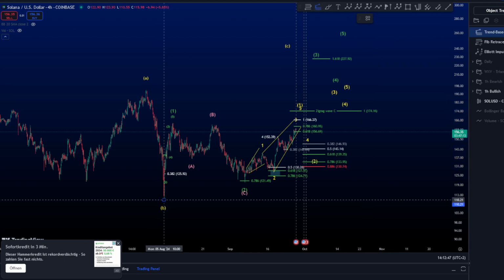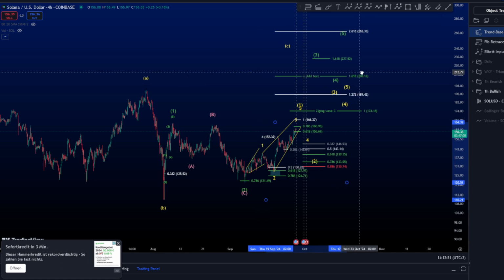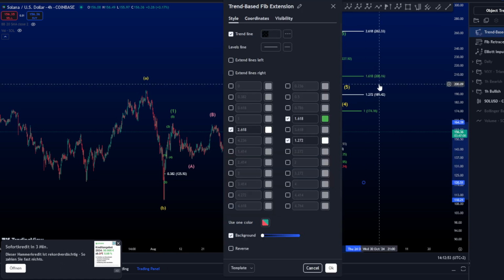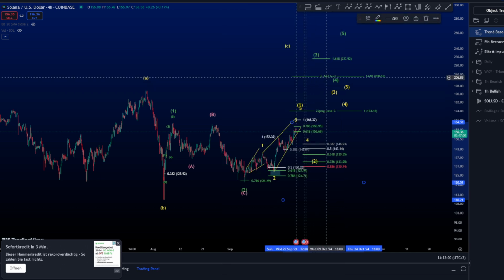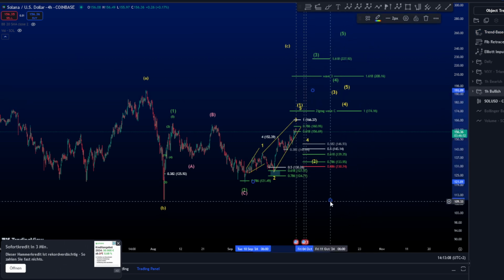Let's check your main wave 3, which is, no, it is lower actually. So let's put this here as well, and call it wave 3 here. Let's make sure of what this is. Yes, exactly, this is your expanding wave.